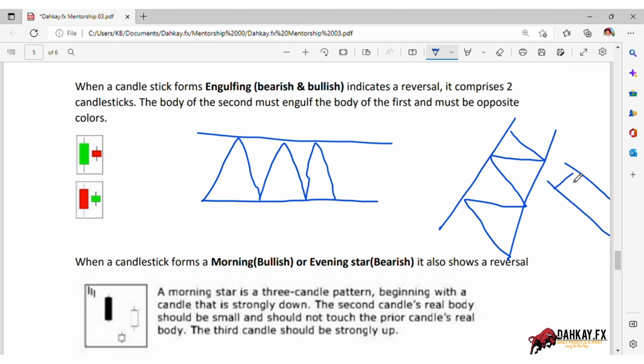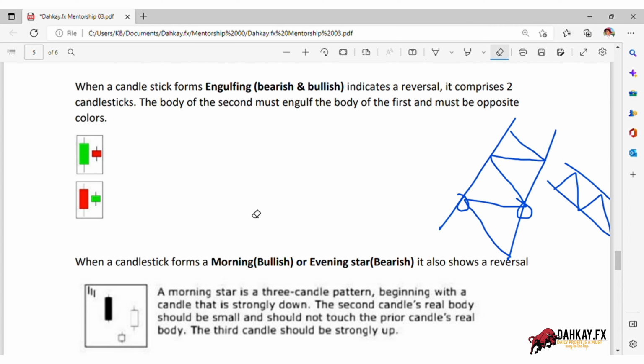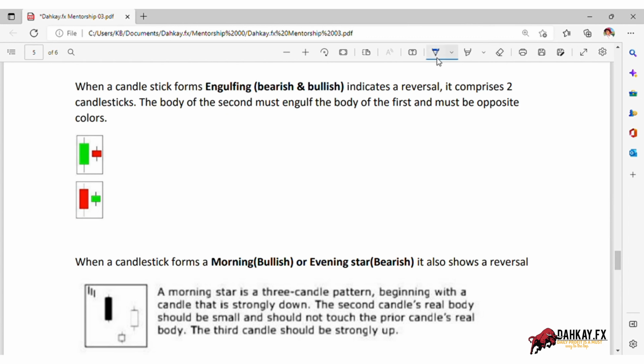So you'll find these candlesticks where the market reverses either up here or down here. You'll see those types of candlesticks where the market is more likely to reverse. So we use candlesticks as our confirmation.